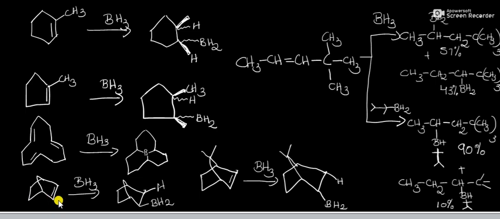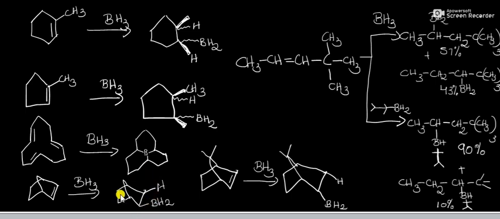When we add a BH3 group to this type of olefin, the steric hindrance is on this side, so we get a borane that will be the exo product.